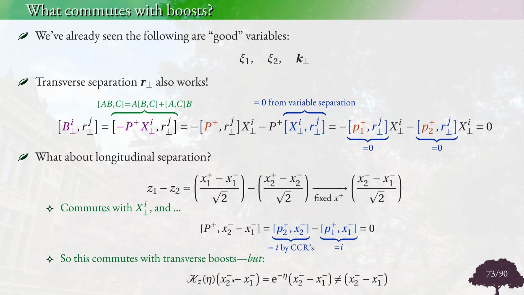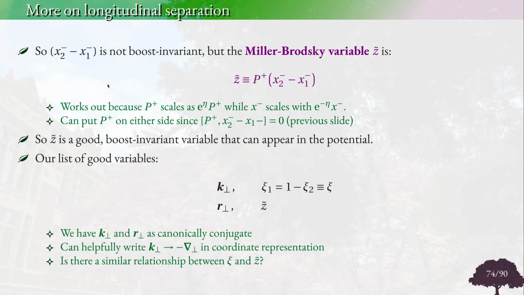However, it is not invariant under longitudinal boosts, and therefore isn't a good variable to use on its own. On the other hand, what's sometimes called the Miller-Brodsky variable z tilde, which is basically this separation times p plus, this is a good variable.